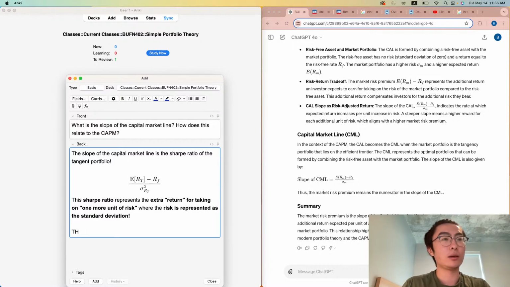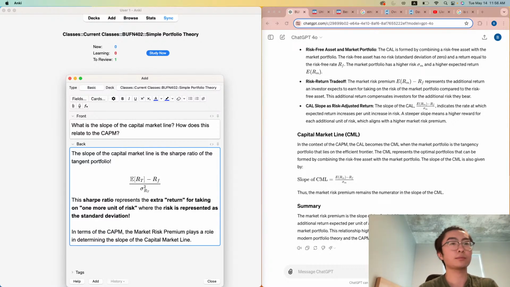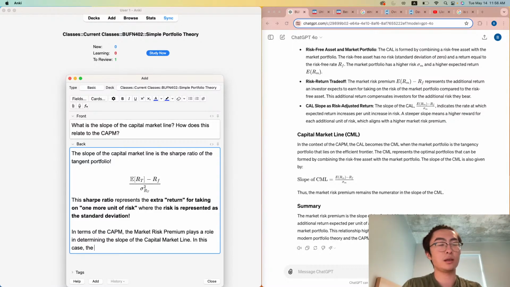So in terms of the CAPM, the market risk premium plays a role in determining the slope of the capital market line.